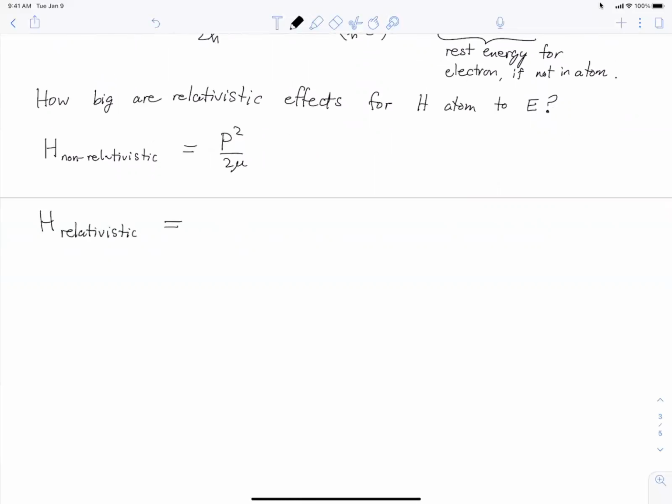But naively, we could proceed by just writing down the classical special relativistic energy, which happens to be, according to Einstein, the square root of c squared times p squared plus the mass squared times c to the fourth. And then I can subtract off the rest energy of the electron, which looks like this.